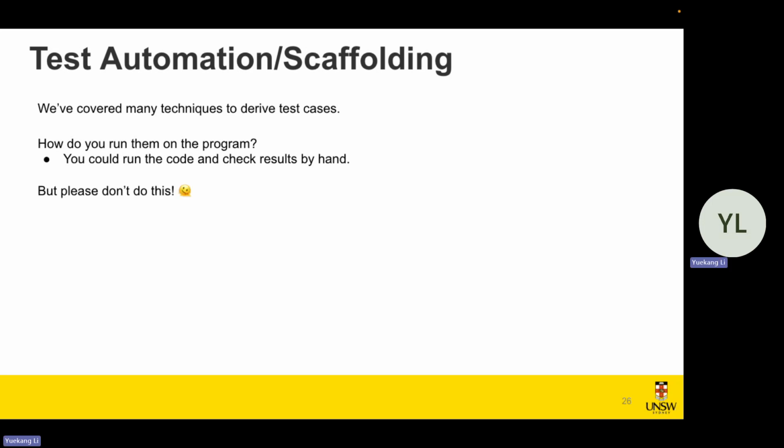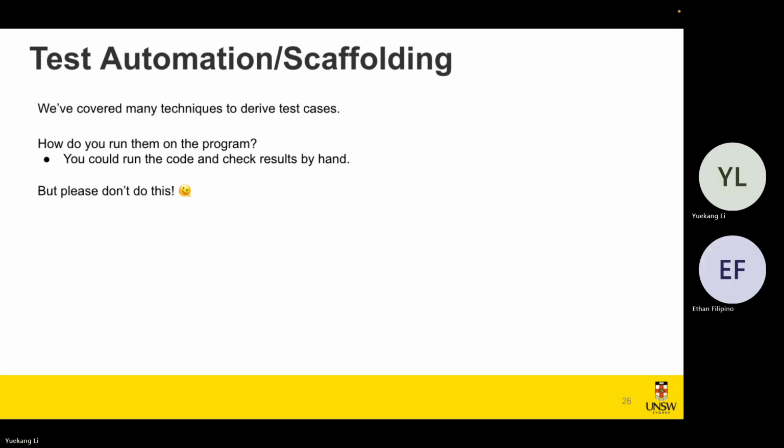But please don't do this in practice, because in practice we have a lot of test cases. We have very large projects, and it's impossible to just manually run everything.